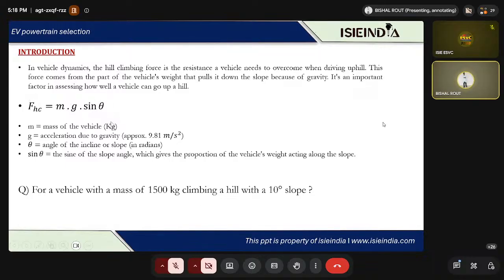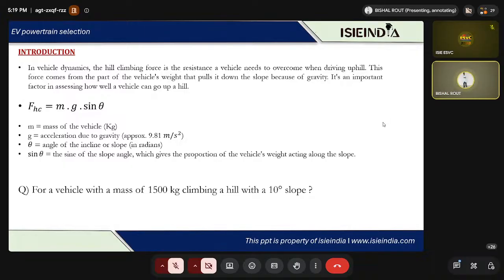Why sine theta? Because every vector has two components. One is the cos theta component, which is perpendicular to the road, and one is the sine theta component, which is parallel to the road. While taking rolling resistance force, we focus on the perpendicular component. That's why there we wrote mu r mg cos theta.